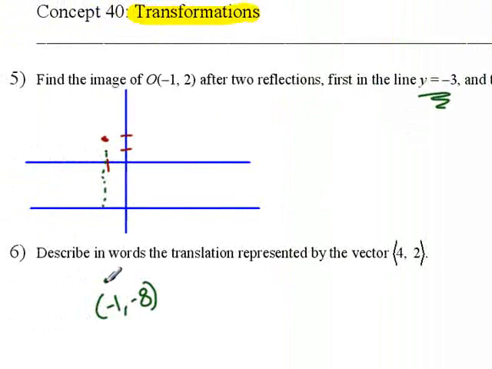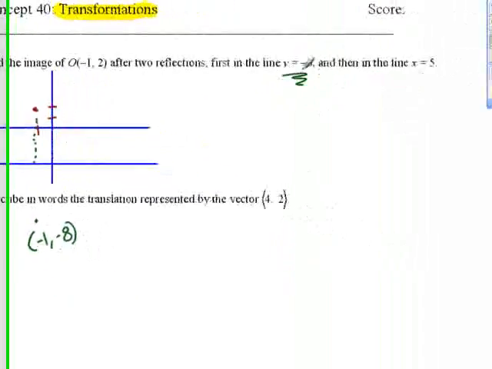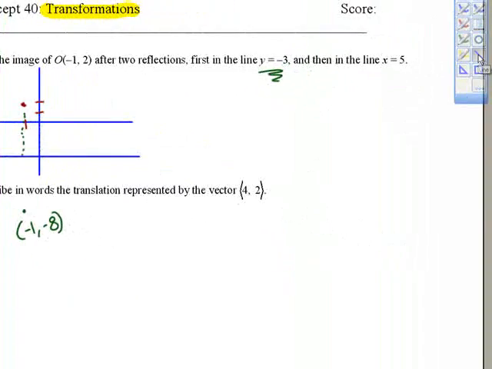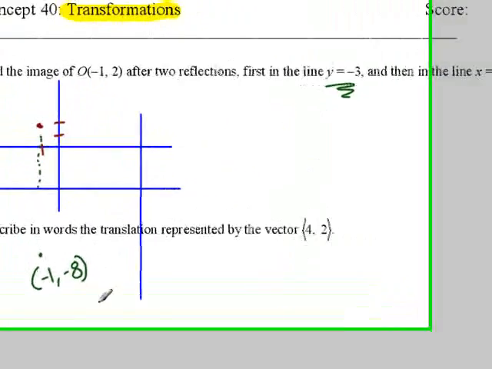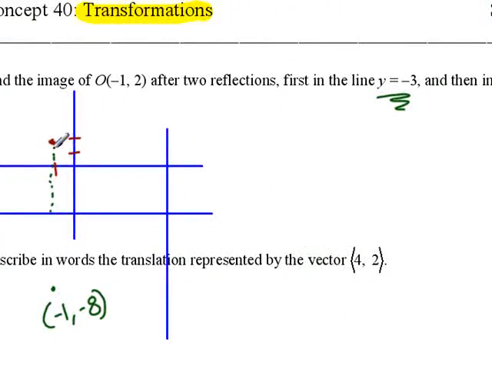Now we're going to take this point where we're at now and reflect that in the line x equals 5. Well, x equals 5 is going to be somewhere about over here. So how far is it from the point to this line x equals 5? 6.